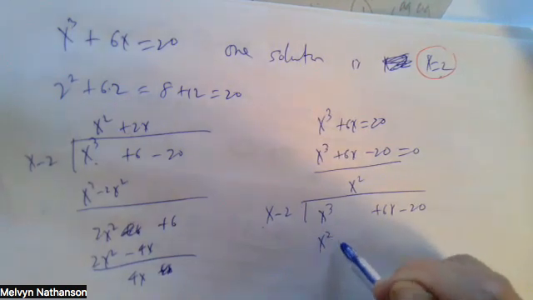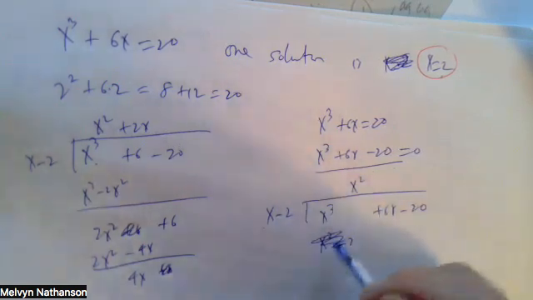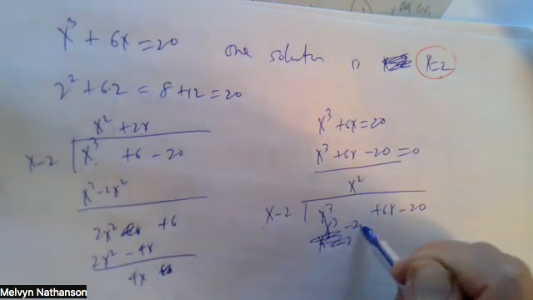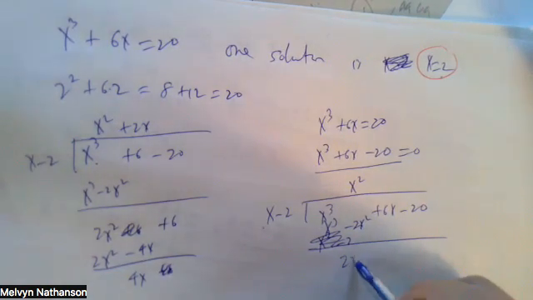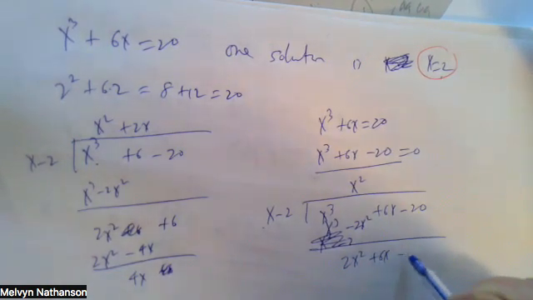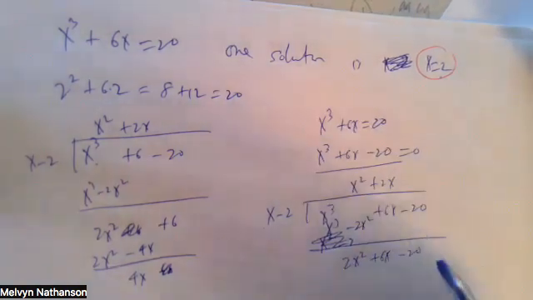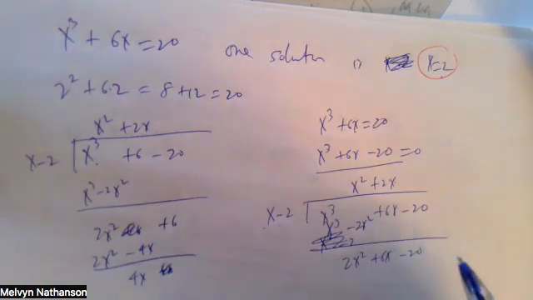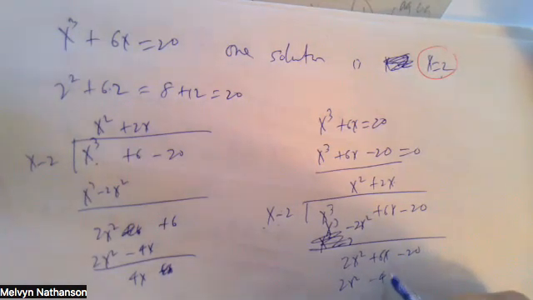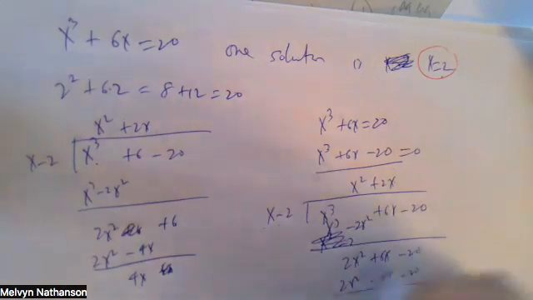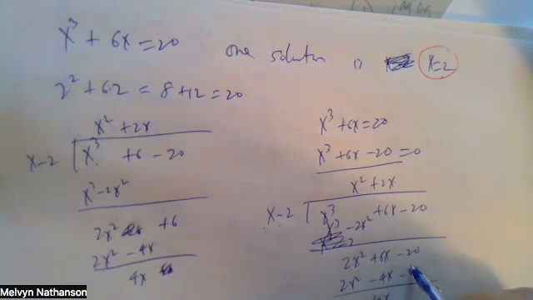So I get x cubed minus 2x squared. So when I subtract, I get 2x squared plus 6x minus 20. x into 2x squared goes 2x times. 2x times this is 2x squared minus 4x.